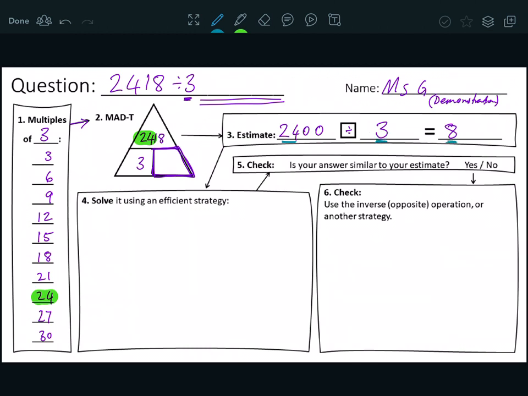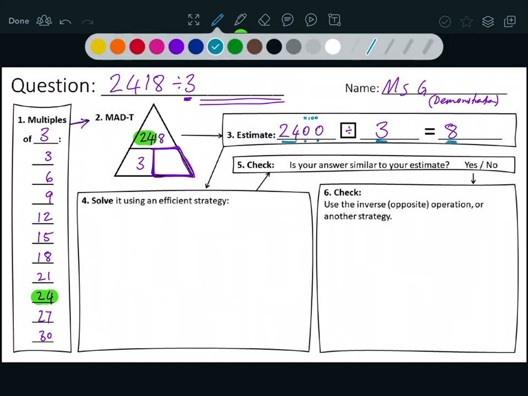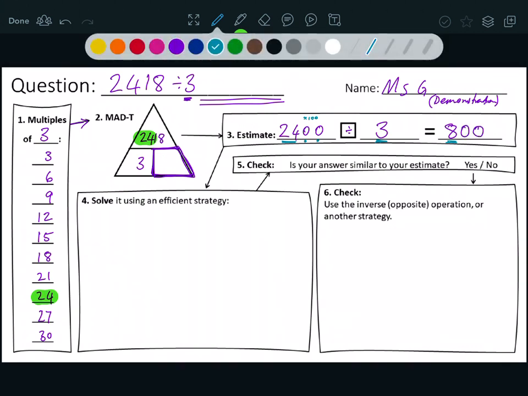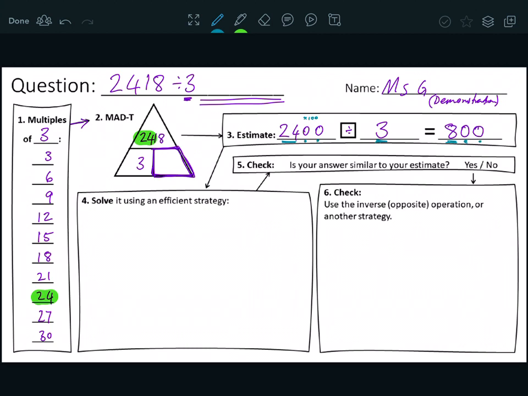And I know that 24 was actually multiplied by 100, so it's moved up 2 place values, which means my 8 has to also move up 2 place values as well. So my estimate is 800. So I think it's going to be around about 800. Let's see what the answer actually is.